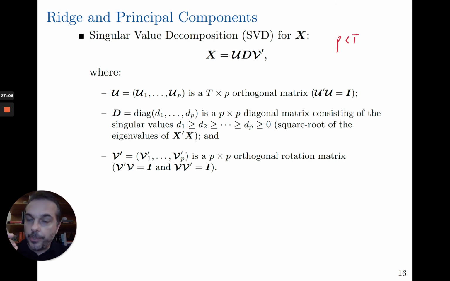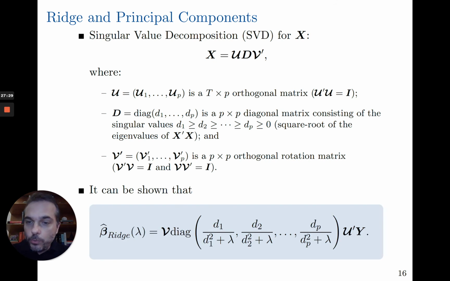A similar reasoning also holds for P larger than T, but instead of a P times P diagonal matrix, we are going to have a T times T, and here we are going to work with X X prime, not X prime X. But the intuition is exactly the same.